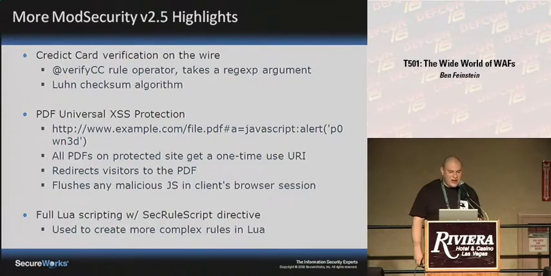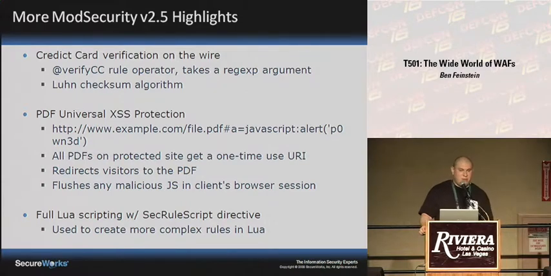Another very cool operator is the Luhn checksum algorithm for credit cards. There's actually a verifyCC operator in there. If I can identify content that I believe may be a credit card number, I can run it through this verifyCC operator, and it will say, yes, that matches the Luhn checksum algorithm, so it potentially is a valid credit card number. That's pretty interesting. One of the more advanced features is PDF universal cross-site scripting protection.